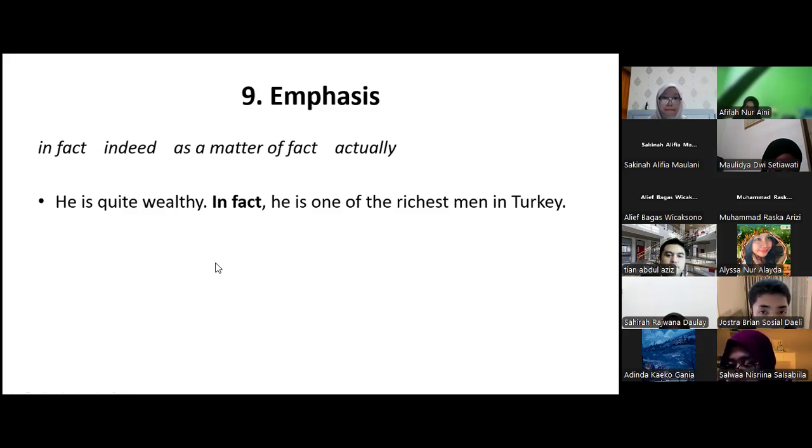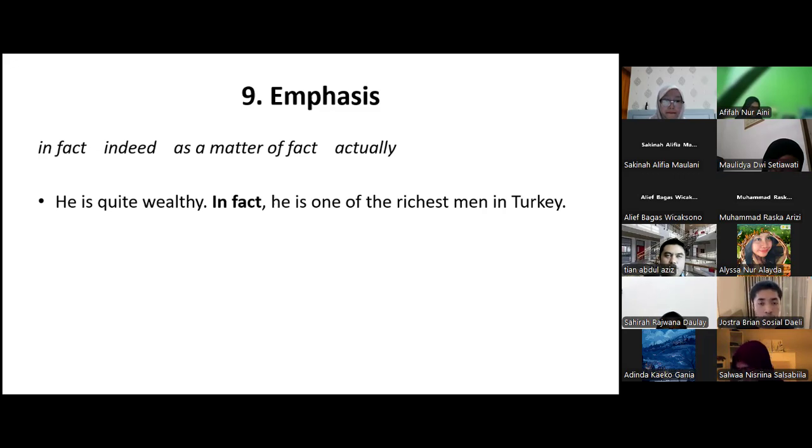Okay, sir. Number nine, emphasis. For example, he is quite wealthy. In fact, he is one of the richest men in Turkey. Okay, good. He is quite wealthy. In fact, he is one of the richest men in Turkey.